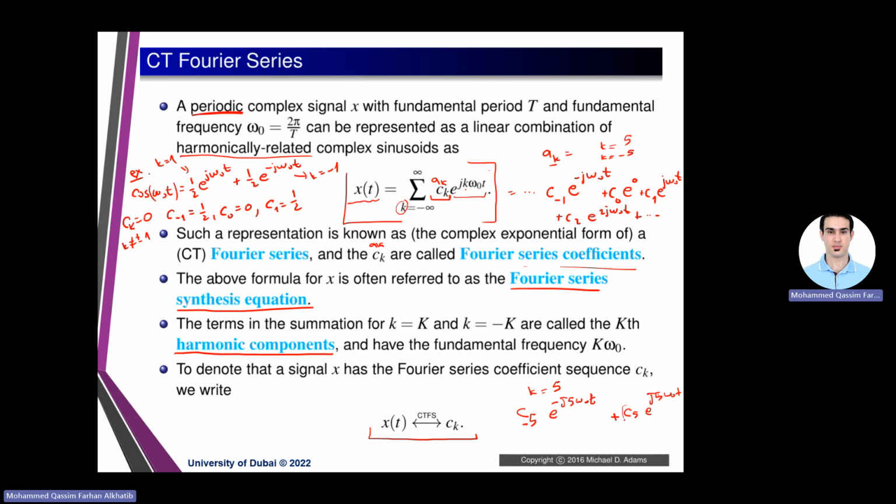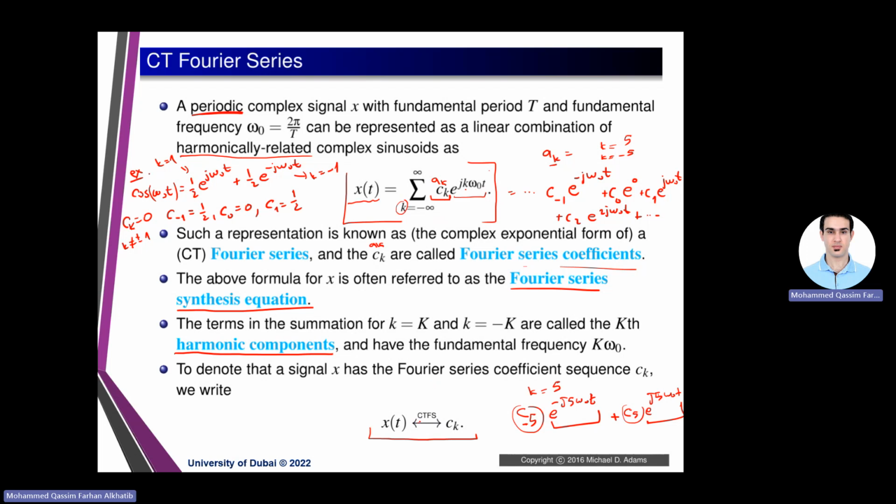And you will find actually C5 and C negative 5 are equal. So you take them like a common factor, and those are related to the same, whether it was exponent, cosine, or sine.